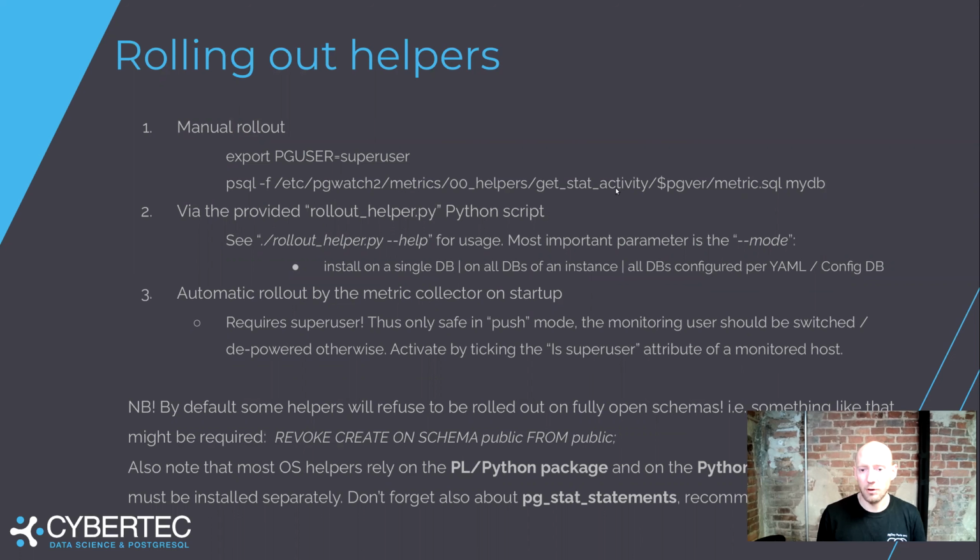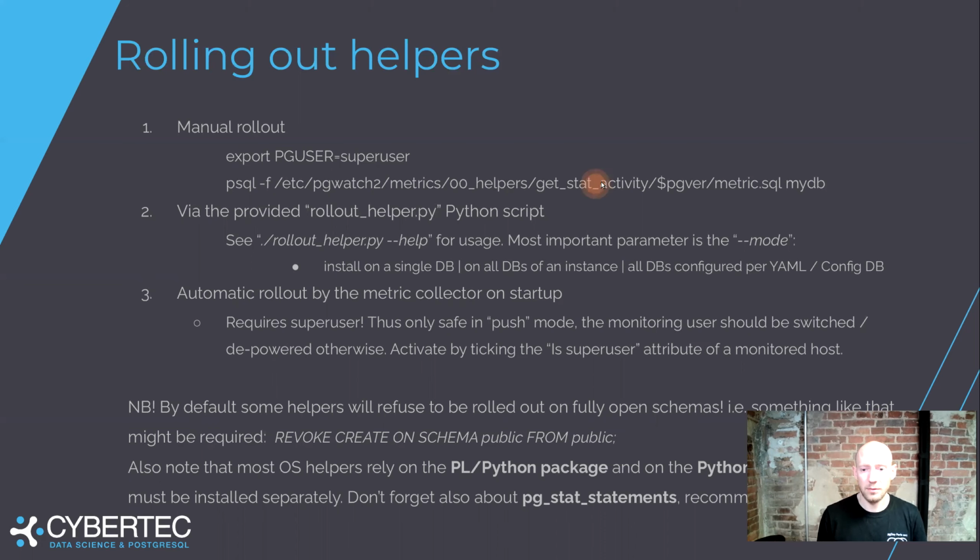Here we're rolling out this get_stat_activity, meaning our monitoring user is a pure unprivileged user in a pre-version 10 environment, and he cannot look at the activities of other people.